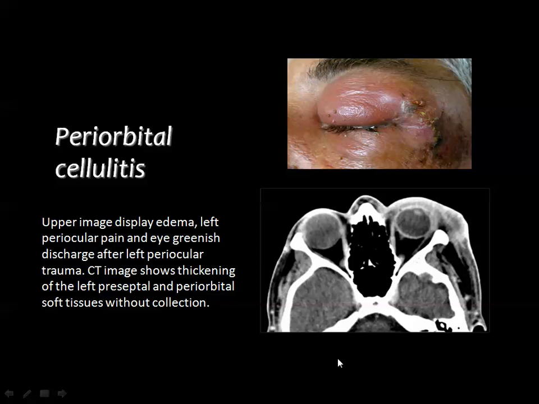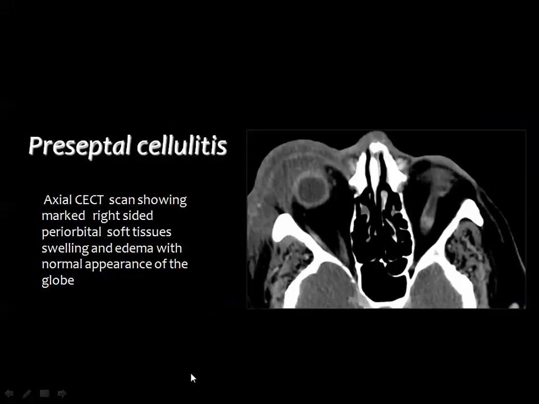Periorbital cellulitis is inflammation of the periorbital soft tissues, including the eyelids. And here you can see it. The diagnosis is evident clinically, but you want to see what is behind this closed eye. Here you see there is inflammation of the soft tissues along the anterior aspect of the globe, extending more or less laterally, but inside the orbit you can appreciate that there is no extension of the inflammatory process.